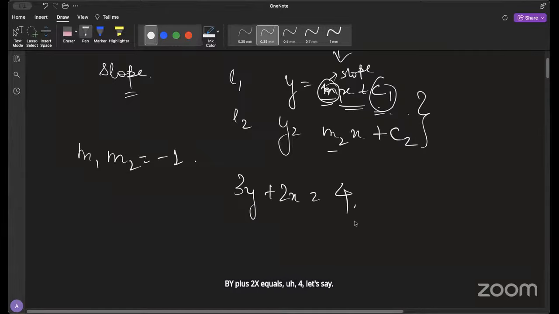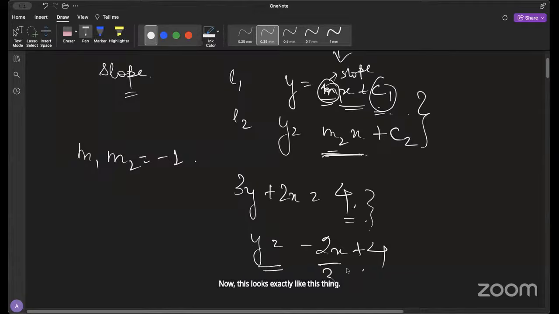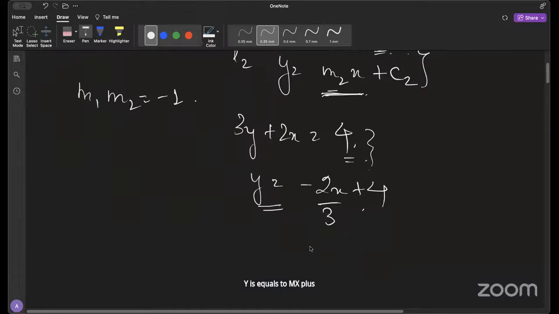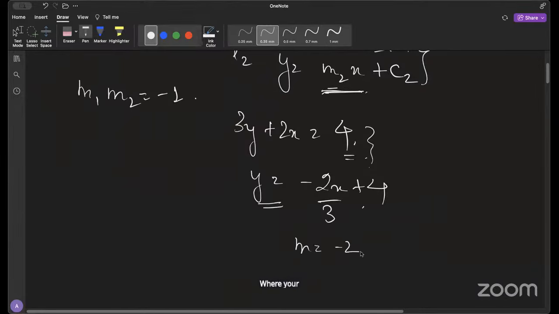You need to find a line which is perpendicular to this, right? First you write it in this form. You will get y equals -2x by 3 plus 4 by 3, so that it looks like this form. Now this looks exactly like y equals mx plus c, where your m is -2 by 3 and your c is 4 by 3.